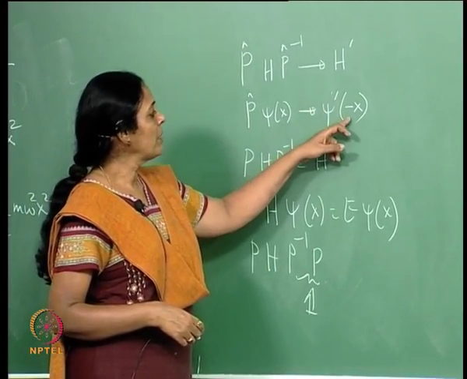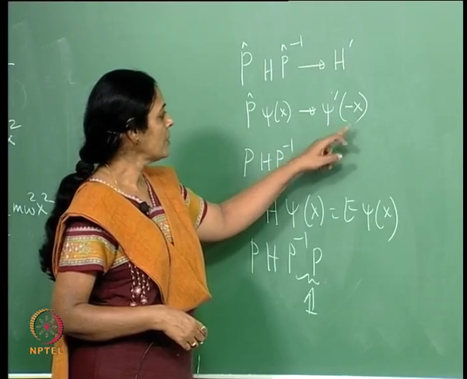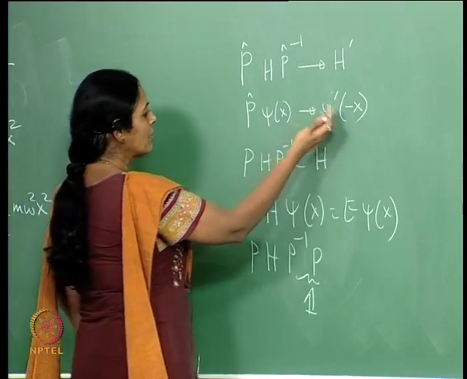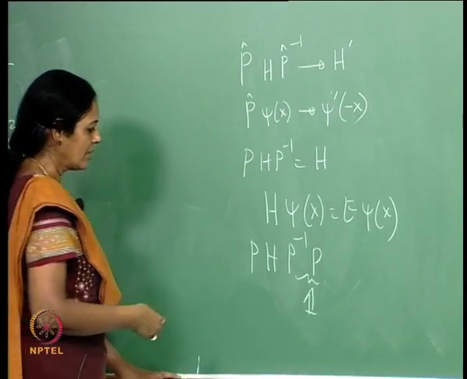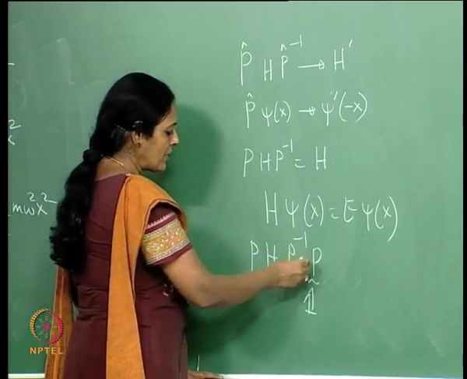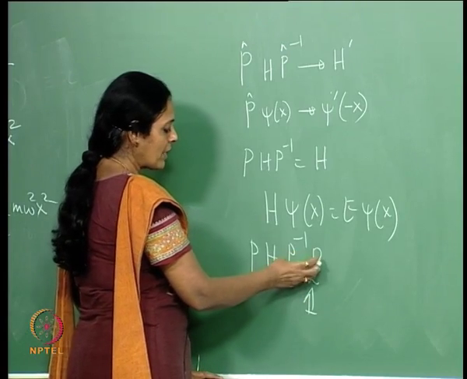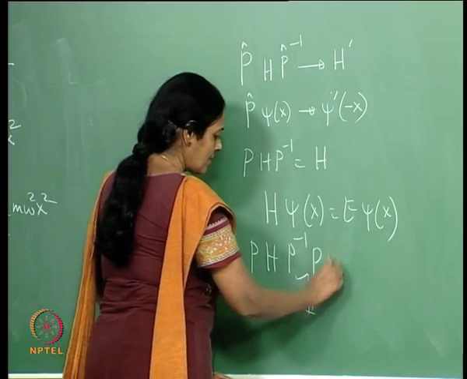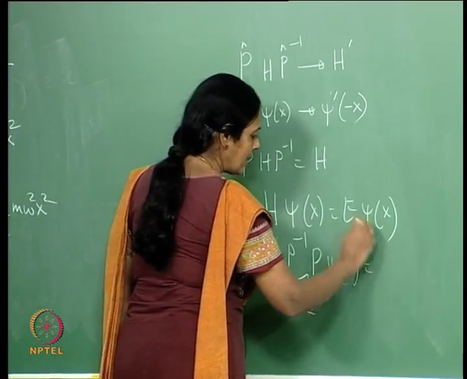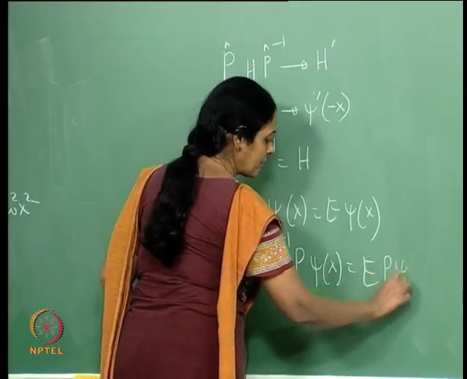Now if I did P once more, P inverse would simply take psi of minus x back to psi of x, and therefore P h P inverse P, where I have introduced P inverse P as identity here, psi of x, E is a number, P psi of x.